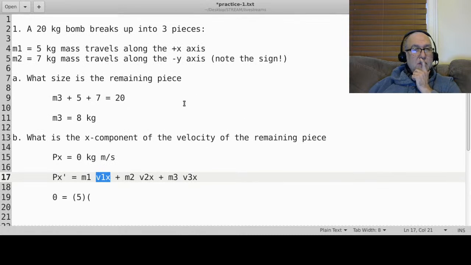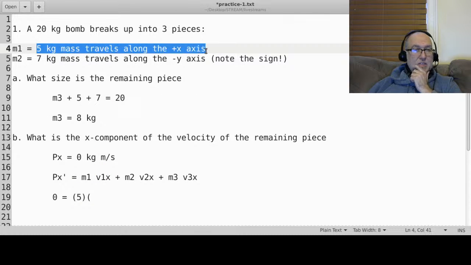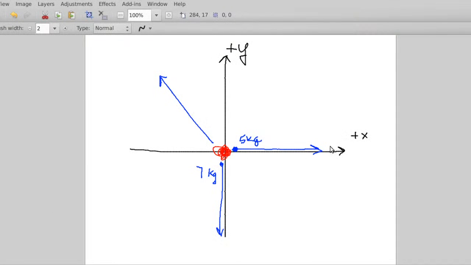So what's v1x? If we take a look at the diagram again, the 5 kilogram is traveling along the x-axis, so we just want the x component. That x component is all of the velocity. There's no velocity at some angle there. The velocity is purely along the x direction.